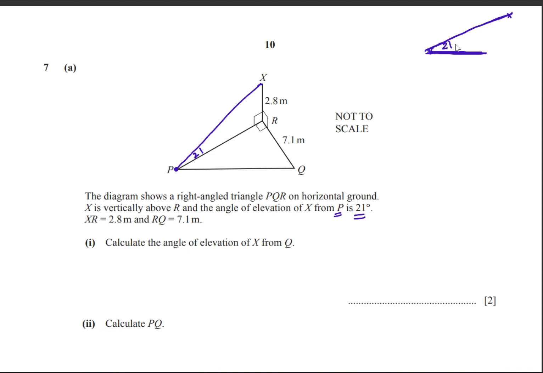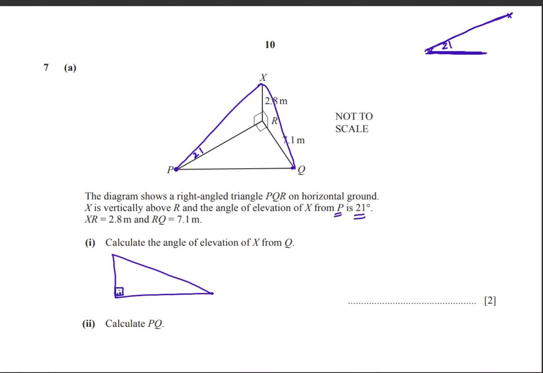Okay. So calculate the angle of elevation, and he's giving me XR 2.8 and RQ 7.1. So he's telling me calculate the angle of elevation of X from Q. That means I'm standing here in Q and looking up to reach X with my eyes. I can get this triangle outside here.